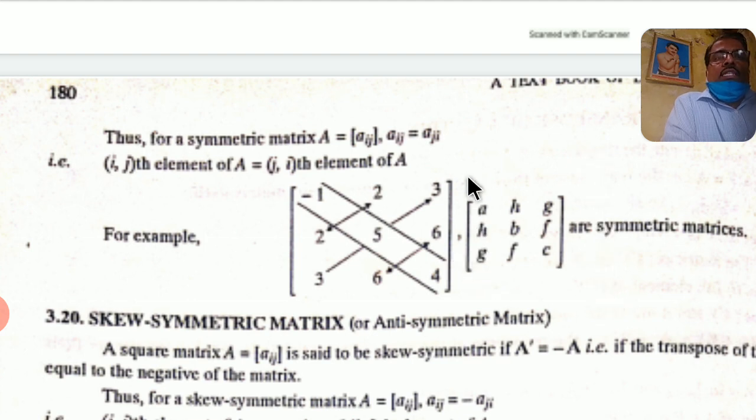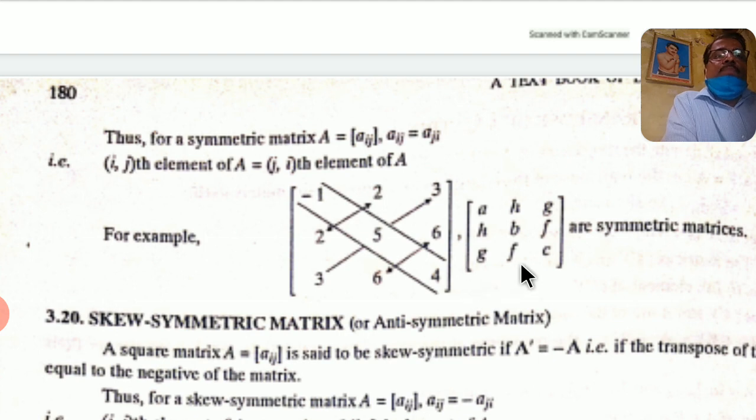The new matrix is the same as this matrix. In other words, if you change this column into a row, it becomes the row -1 2 3, the column 2 5 6 becomes the row 2 5 6, and the column 3 6 4 becomes the third row 3 6 4. Therefore, it is a symmetric matrix.